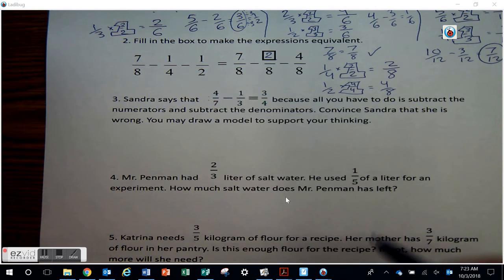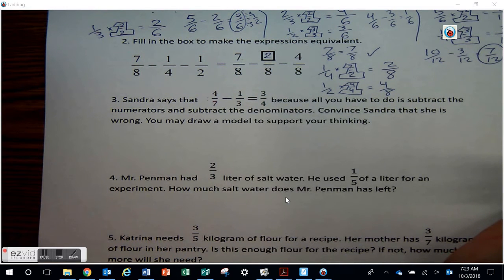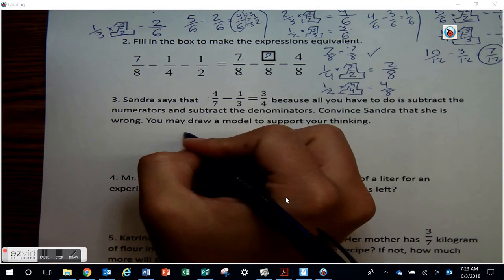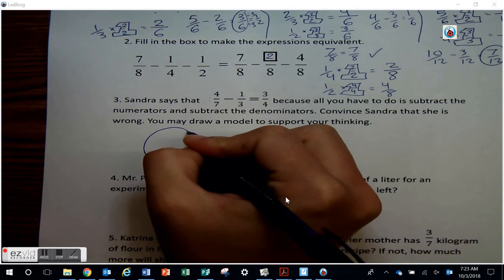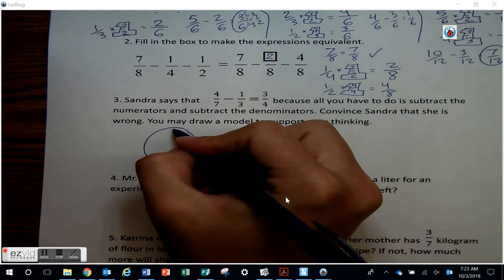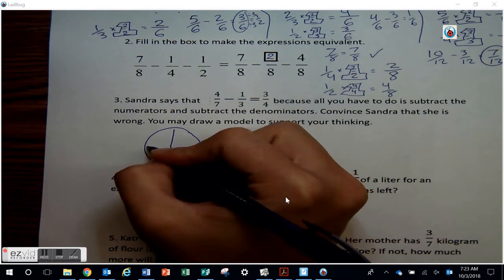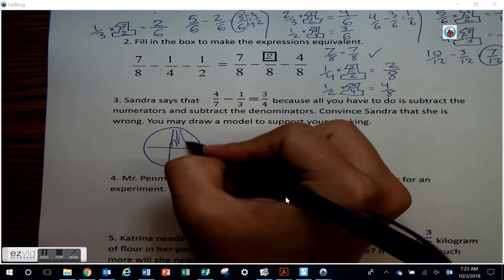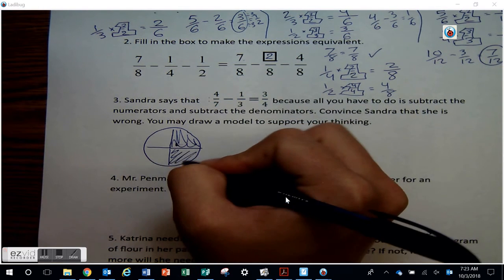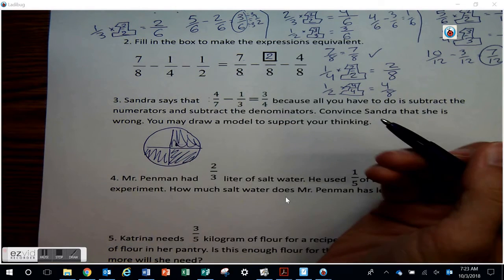So, let's see. If I have a model here, well, this is 3/4. 1, 2, 3. This is my 3/4.